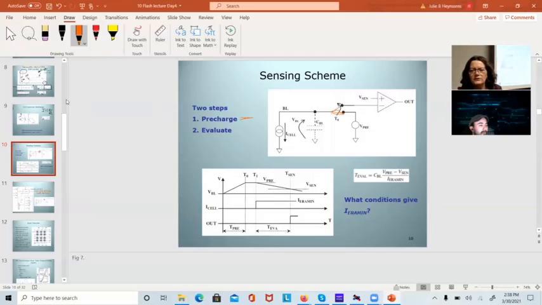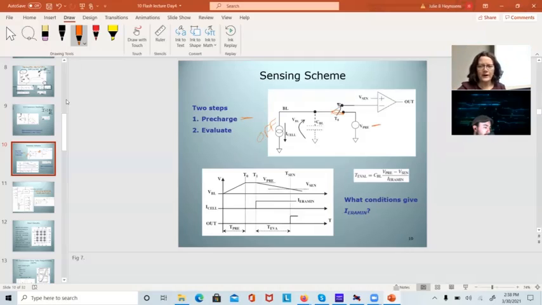The switch is in this position, and the switch is probably implemented as a MOSFET. This current is off because I'm going to pre-charge before I turn the string on. So this current source is off, it's an open circuit. I pre-charge this capacitance up to whatever V pre-charge is.